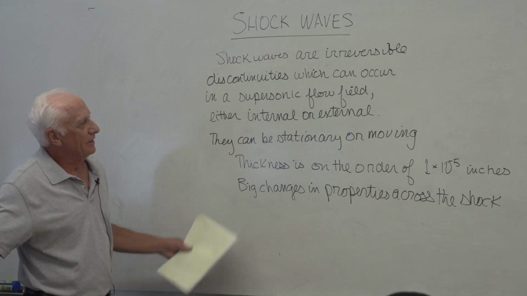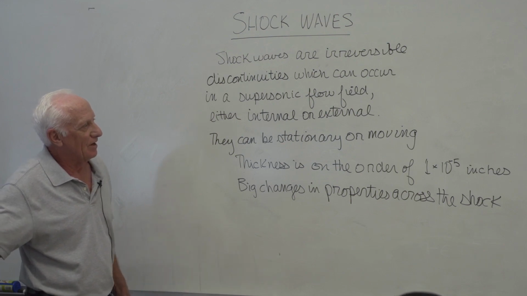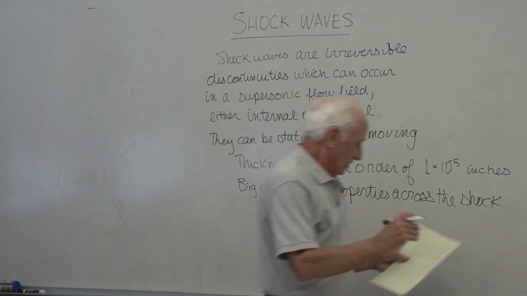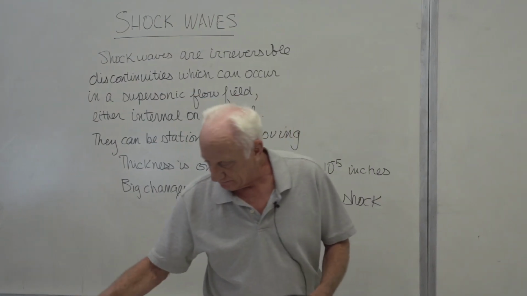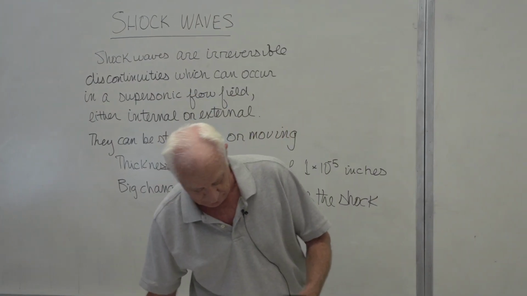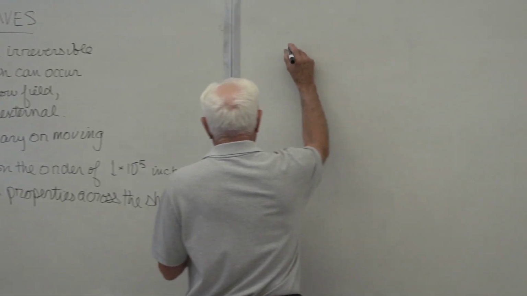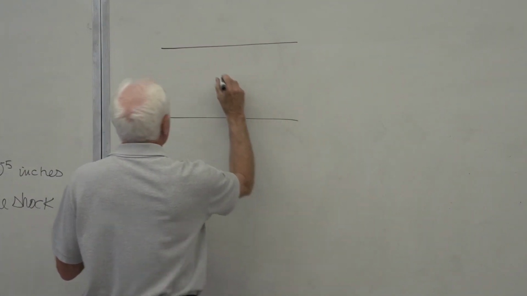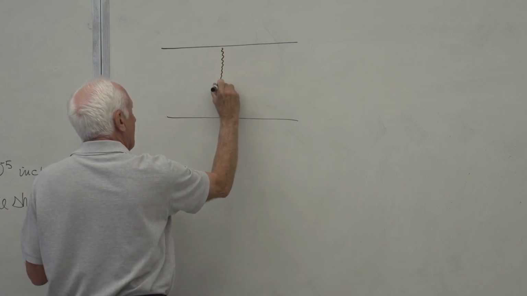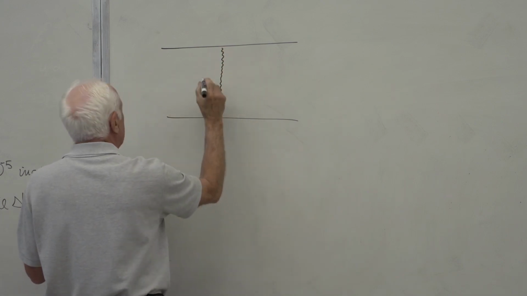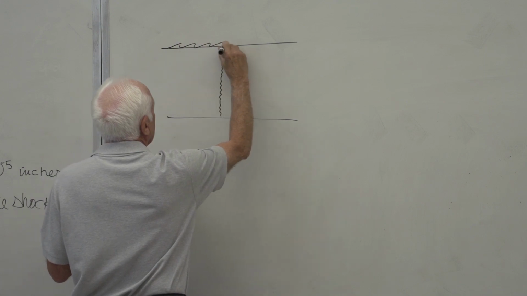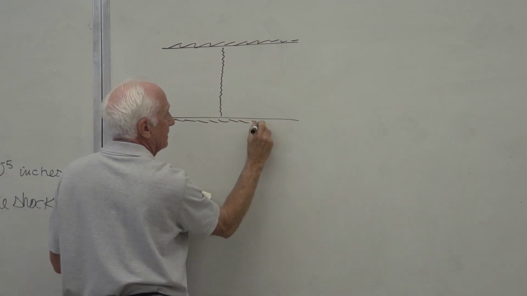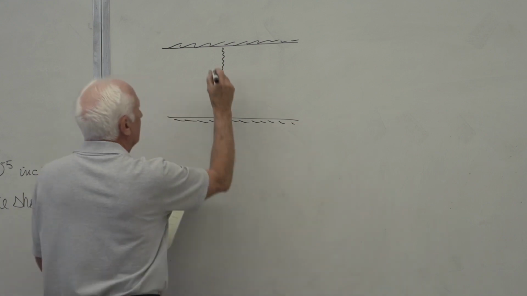So the first thing to do is to look at the shock wave and analyze it from our basic equations in fluid mechanics. So we'll start off and we'll look at a shock wave here, and let's say it's contained in some kind of a duct, in this case a constant area duct.